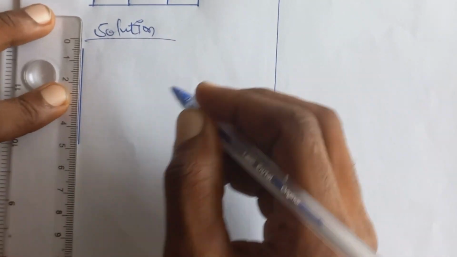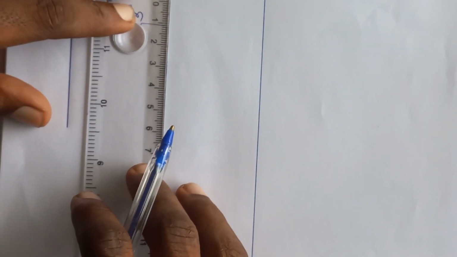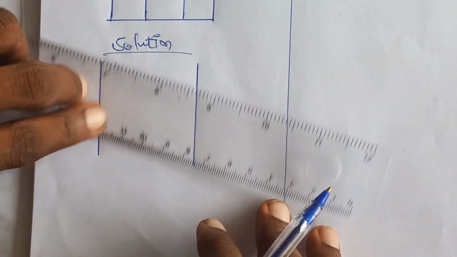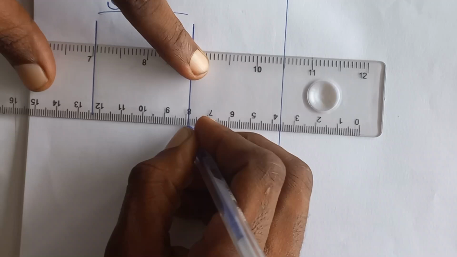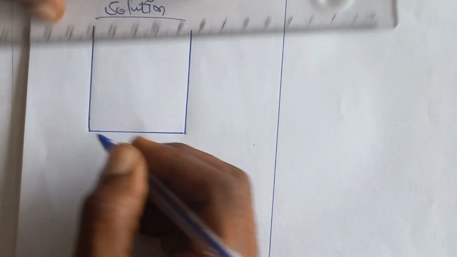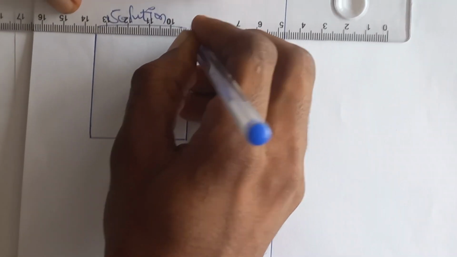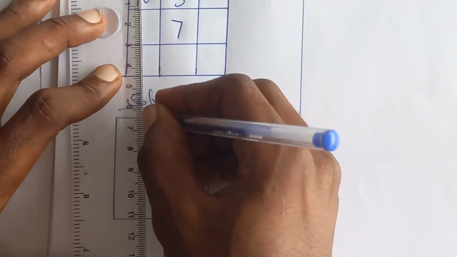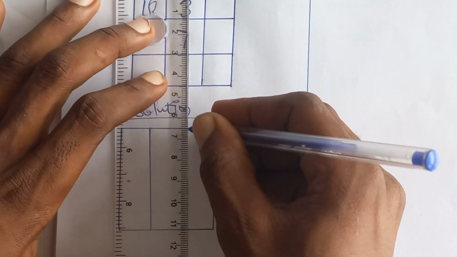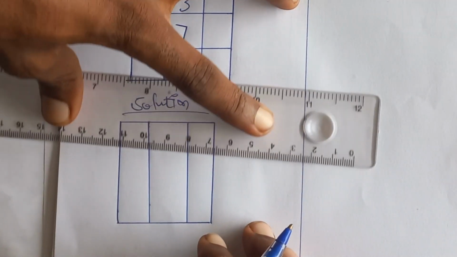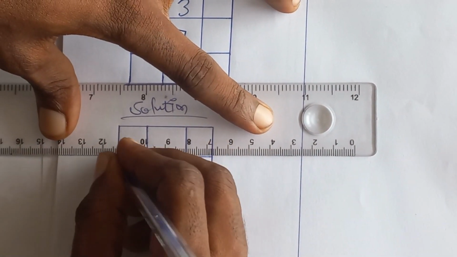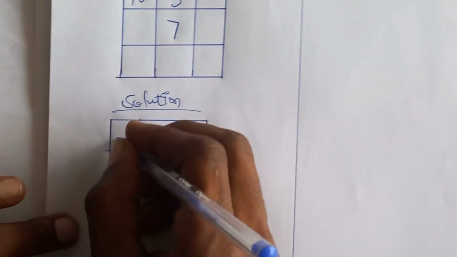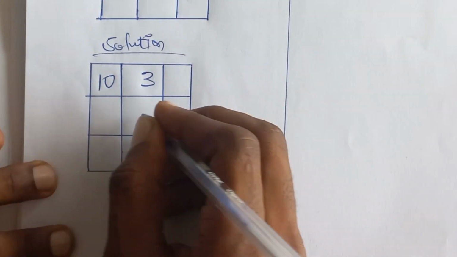I'm trying to draw it again so that I will use it as a rough work. Okay, so here was 10, 3, 7.